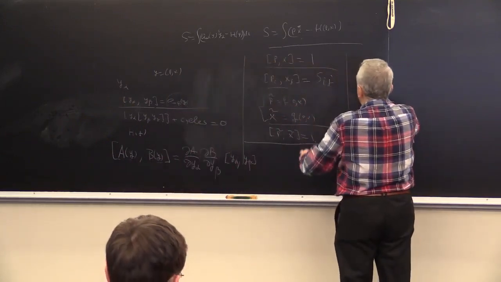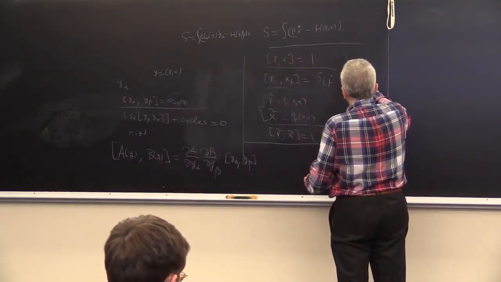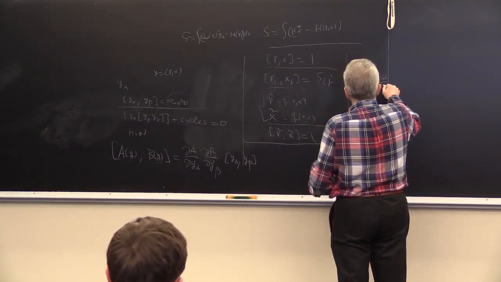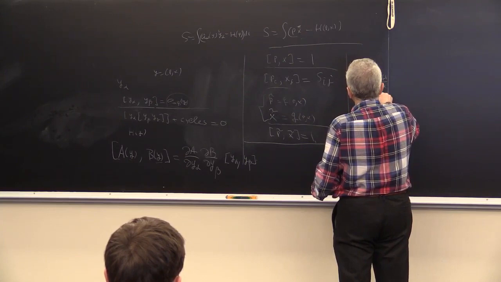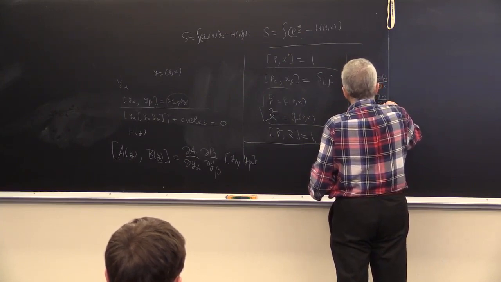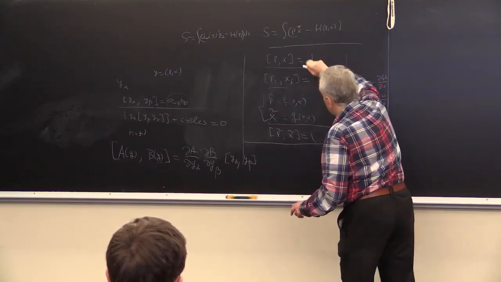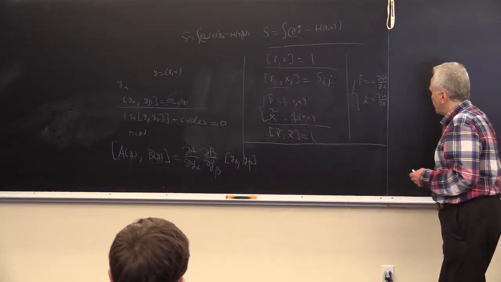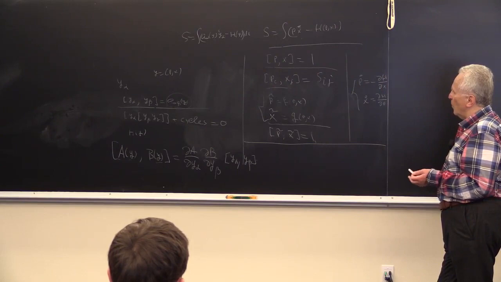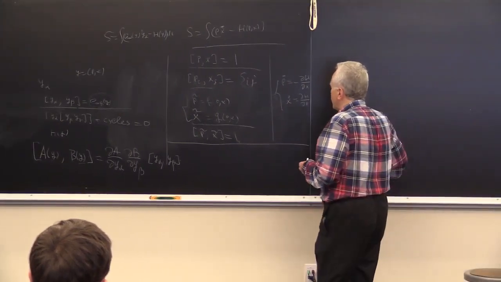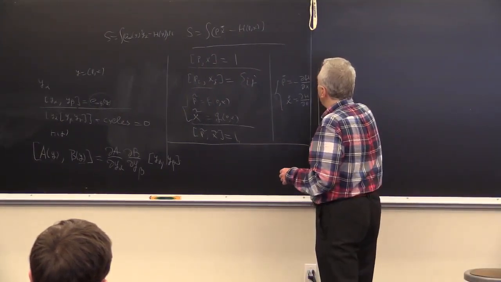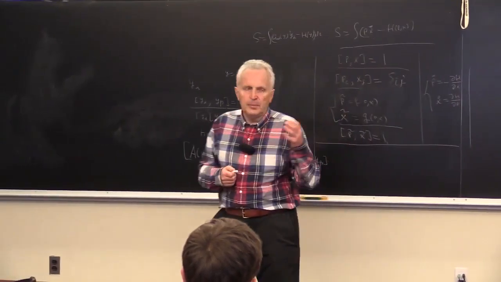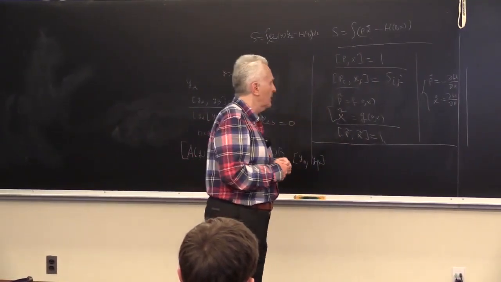Here we have the Hamilton equation p dot = -dH/dx, x dot = dH/dp, which we derive from here. If we perform canonical transformations, how will this equation look in terms of p tilde and x tilde?